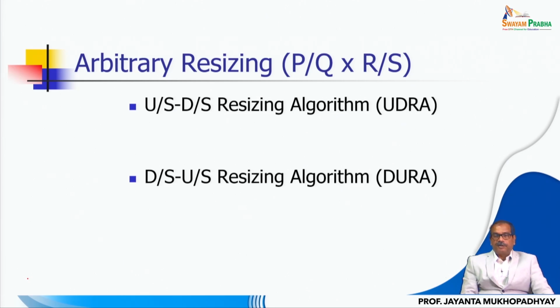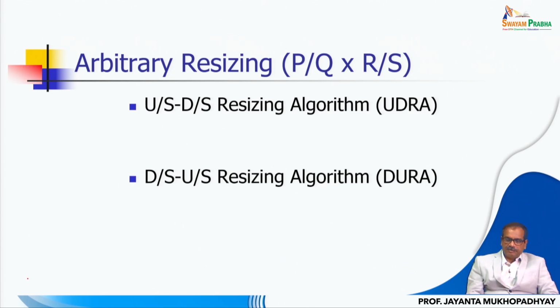You can also perform arbitrary resizing. That means, suppose I would like to do P by Q cross R by S, where both can be expressed in the form of a rational number. So P, Q, R, S are all integers. Then I can perform two strategies. Either I can first upsample.